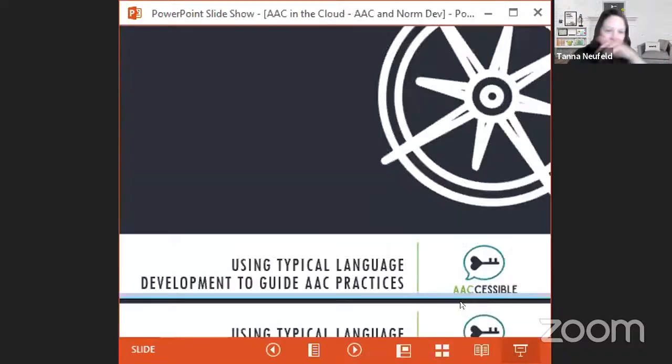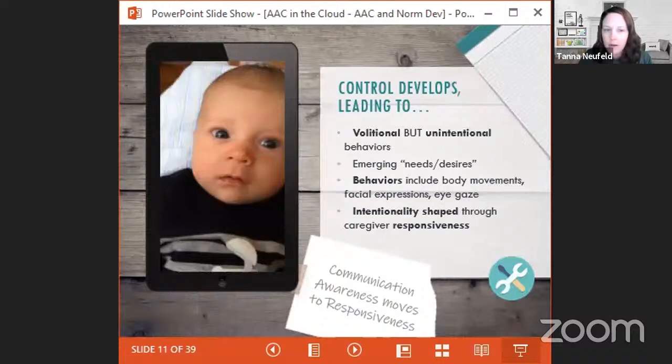Okay, so let's move on now and talk about the next stage. At this point, this control starts to develop, right? So the baby is moving into getting more control over his movements, his behavior. So there's voluntary movement, volitional movement going on, but it still remains unintentional.